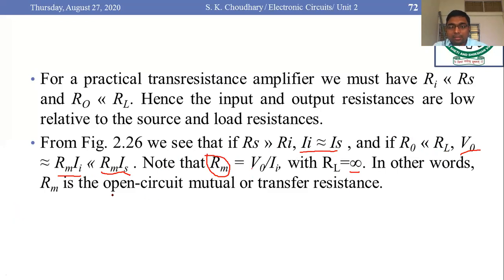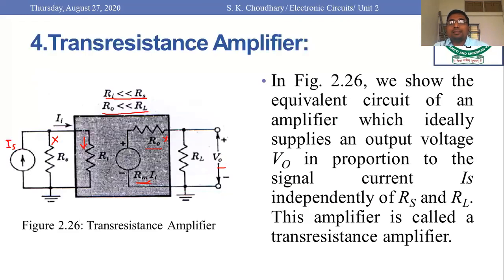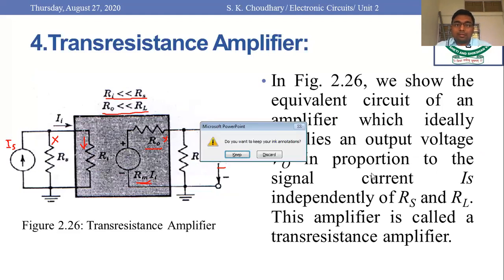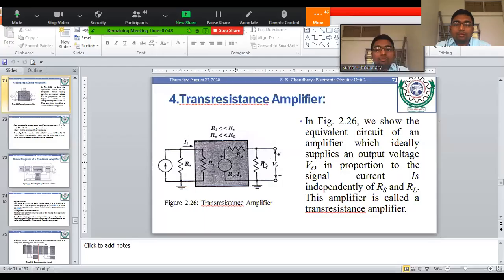So in other words, we can also call it an open circuit, mutual or transfer resistance. So this circuit is the representation of the transresistance amplifier. The third one was the transconductance amplifier. So these are the four different types of amplifier.